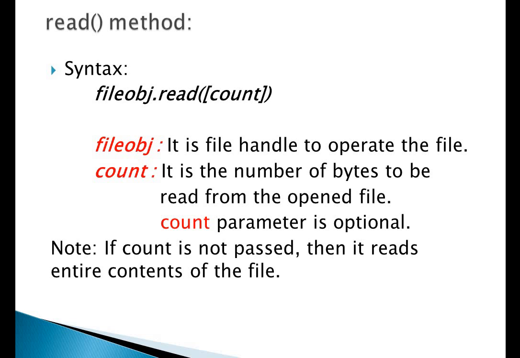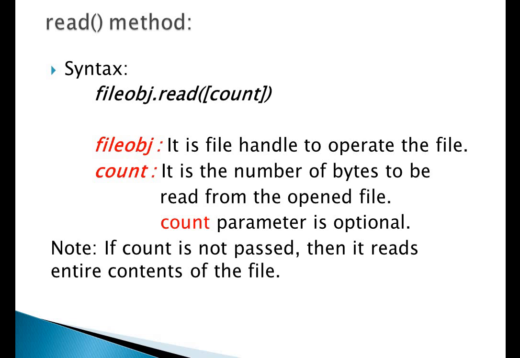So file object is the handle to operate the file, and count, it is the argument. It is the number of bytes to be read from the open file. Count parameter is optional. If count is not passed, then it reads entire contents of the file.